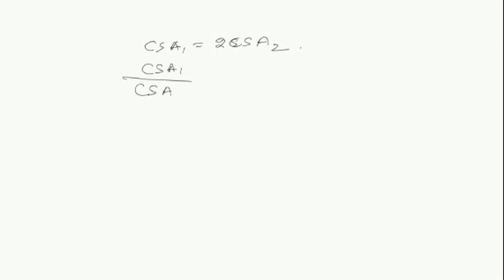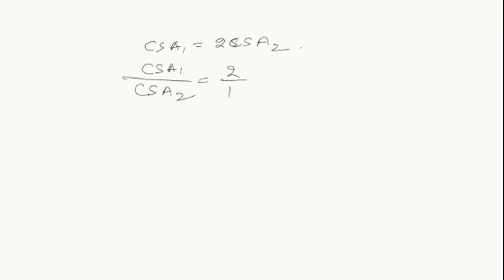Here they have given CSA of the first one is 2 times CSA of the second one. So CSA1 by CSA2 equal to 2 by 1.